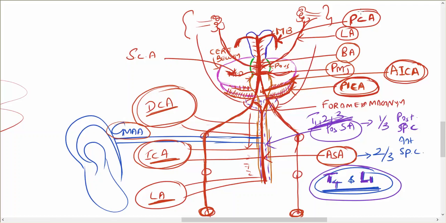Then the left vertebral artery comes from the left subclavian. Left subclavian directly comes from the arch of aorta. And they all run posteriorly to the vertebra and go through the foramen in the transverse process.